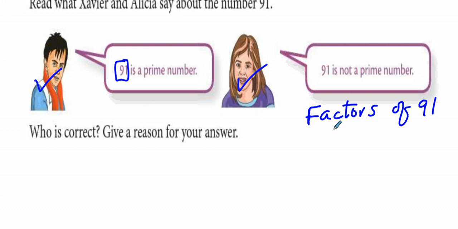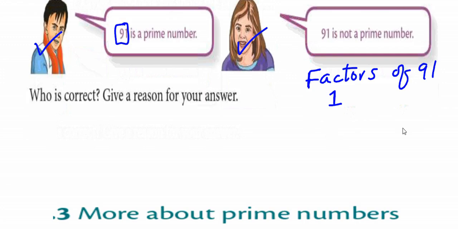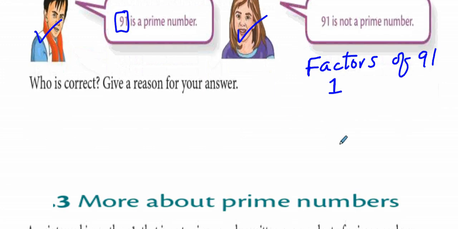Factors of 91. I said 1 is a factor of every number. So 91 divided by 1 is 91. Go to 2, 91 is not divisible by 2. Go to 3, not divisible by 3. Go to 4, not divisible. Go to 5, not divisible. Go to 6, not divisible. Try 7.